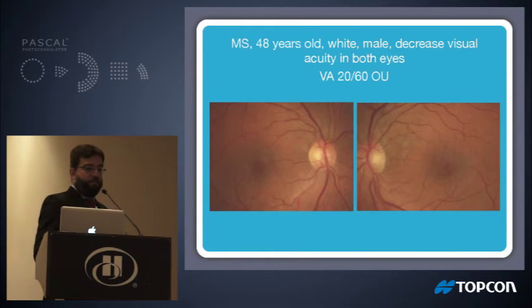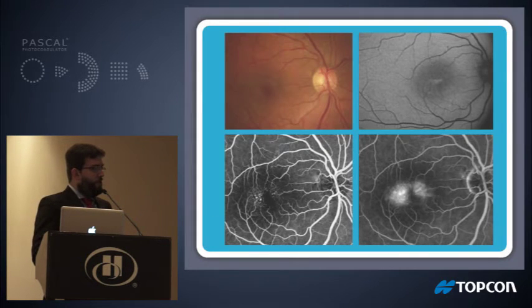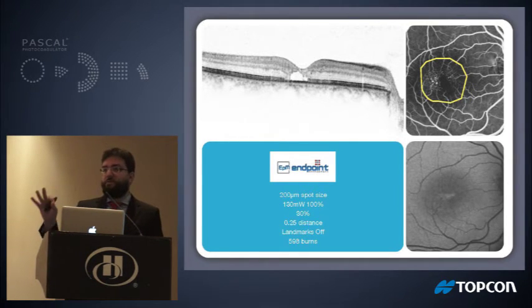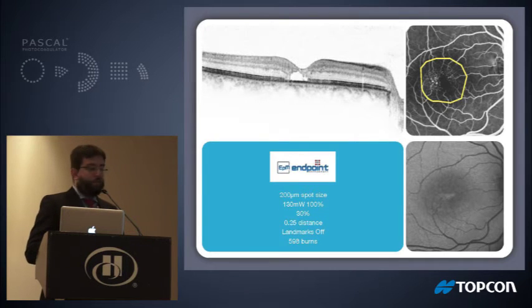This is a patient with disease in both eyes, with telangiectatic vessels in the inner retina with leakage. So we treated with endpoint management. This is the focal loss of photoreceptors in the fovea, and this is where we treated.